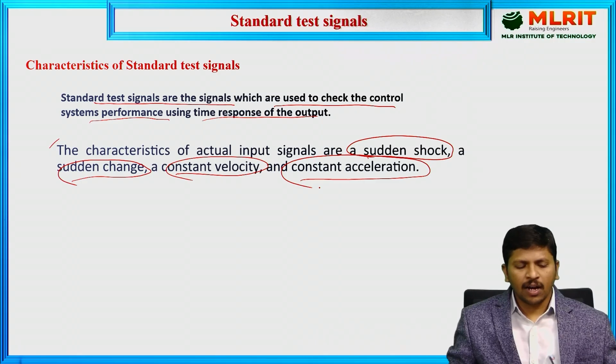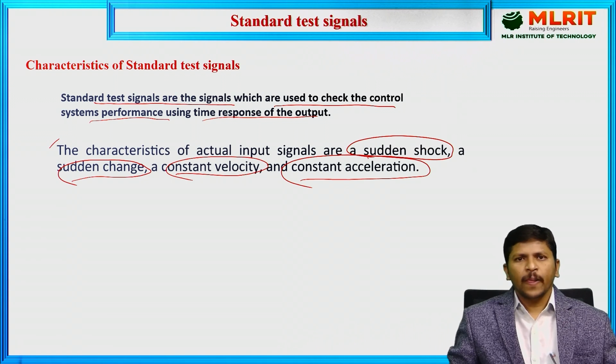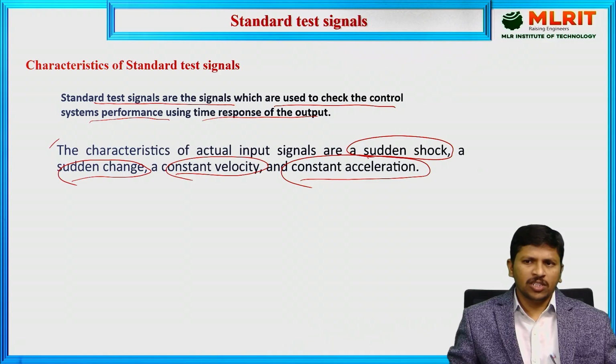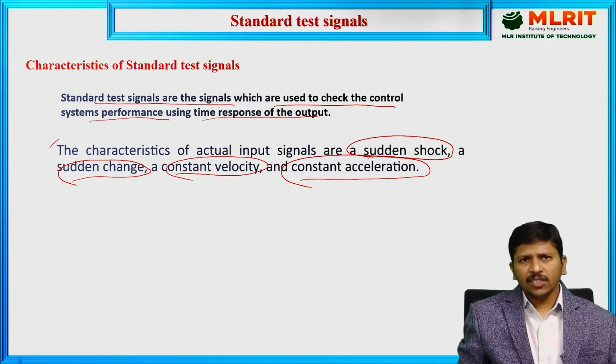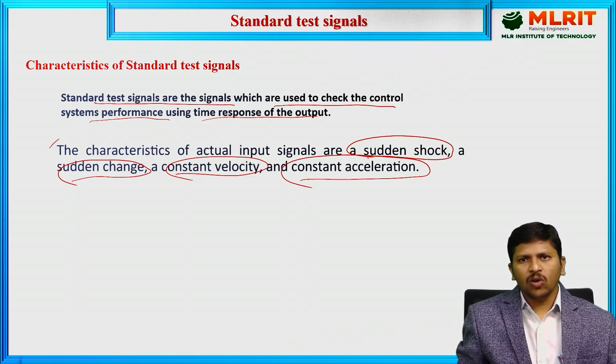These are the characteristics of any standard test signal, as an actual input signal, right? Simply a sudden shock, a sudden change, a constant velocity and a constant acceleration. All these are the characteristics of the standard test signals, right?